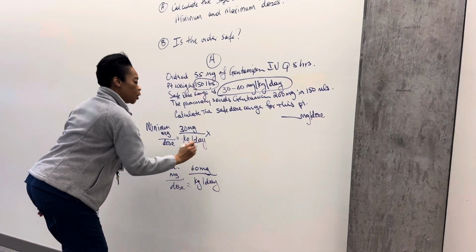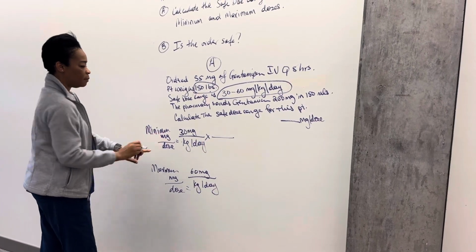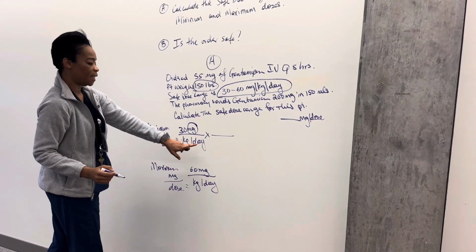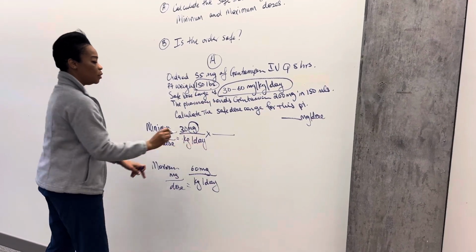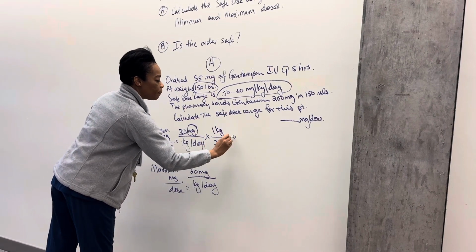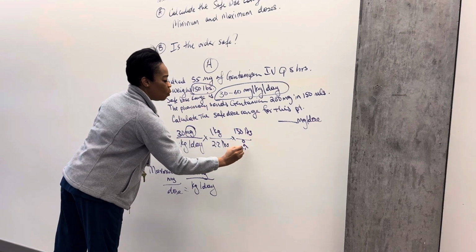And all we are going to do now is to work to get milligrams and dose. I search for milligrams. I need to get rid of kilograms. I need to get rid of day to get dose. So I do 1 kilogram over 2.2 pounds times 150 pounds, one patient.